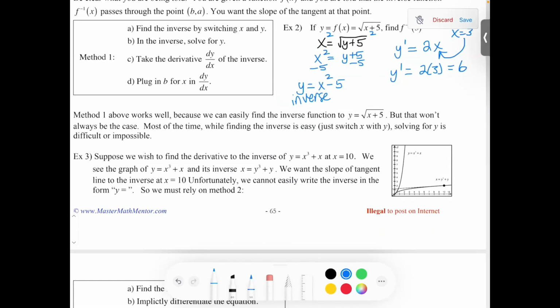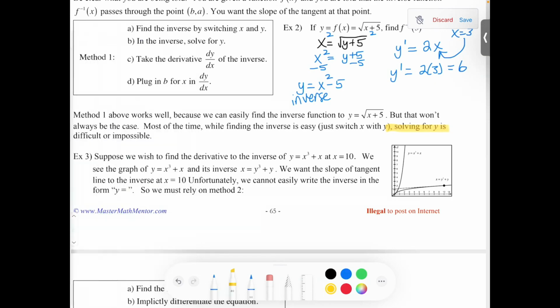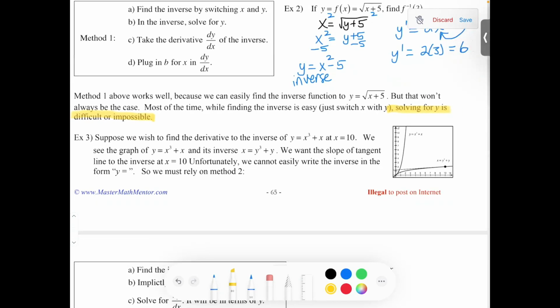But suppose if we switch the x and y, solving for y is oftentimes really difficult, or sometimes even impossible. So we can't actually use the method that we used. So we're actually going to do some implicit differentiation here. So example 3, suppose we wish to find the derivative of y equals x to the third plus x, sorry.